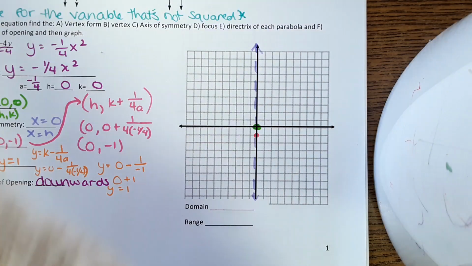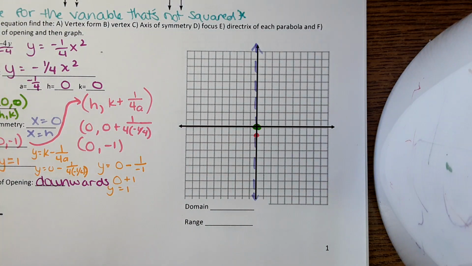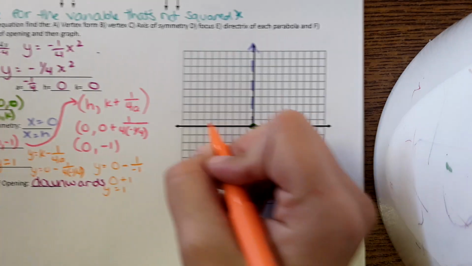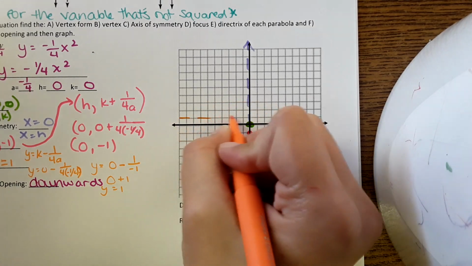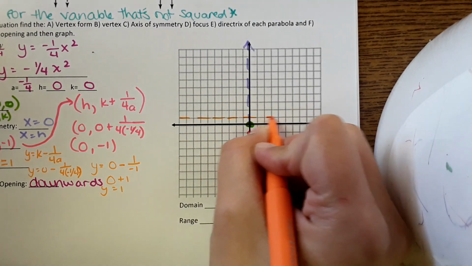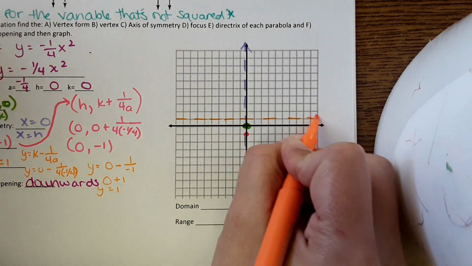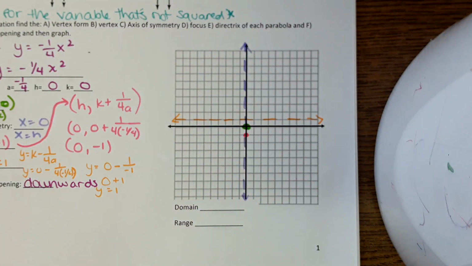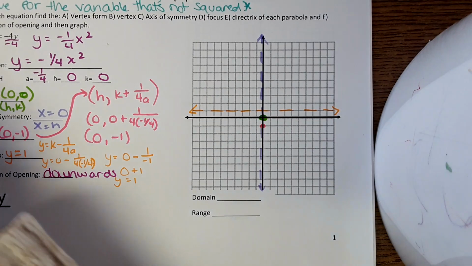Directrix is at y equals 1. And that's what we have so far.